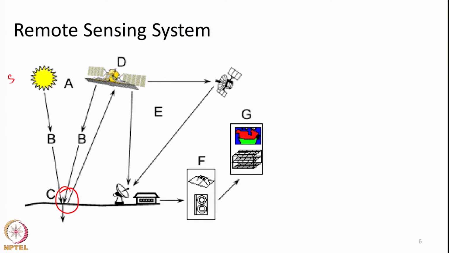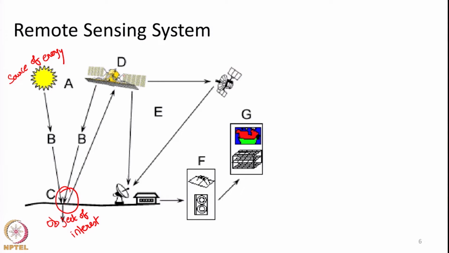So, we need a source of energy that transmits energy towards the object of interest. What happens then? The source of energy transmits some energy towards the object, it gets reflected by the object of interest and comes towards the sensor.